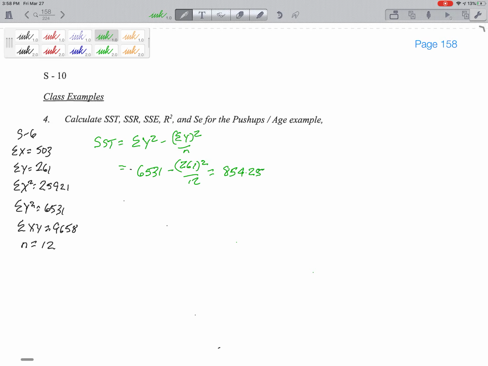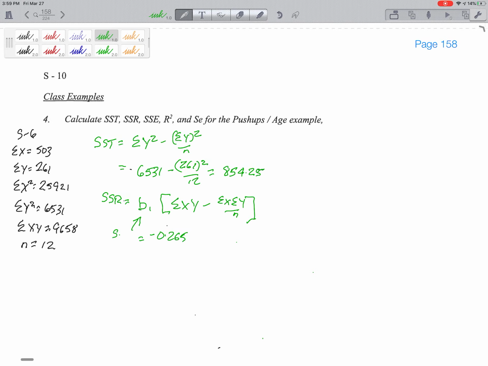Okay. SSR is equal to B1 times the sum of the xy's minus the sum of the x's times the sum of the y's over n. You'll recognize that. That was the numerator when you calculated B1 and the numerator when you calculated R. Now, we've calculated B1 before from page S6, and it turned out to be minus 0.265.